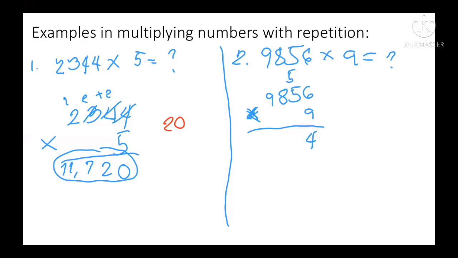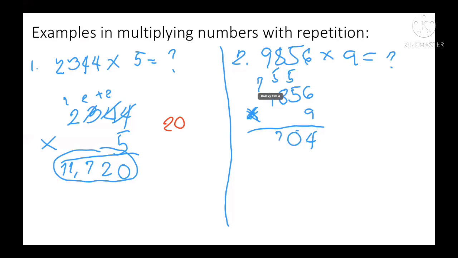So we have 50, 0 down here, and then 5 on the top of 8. 9 times 8 is 72. 72 plus 5. 77. Very good. So 7 here and then 7 up here.